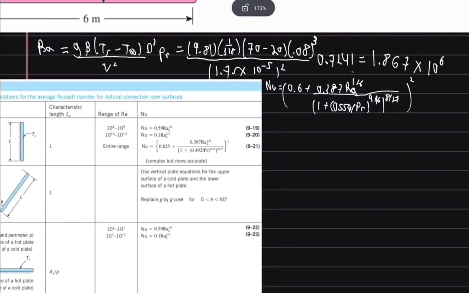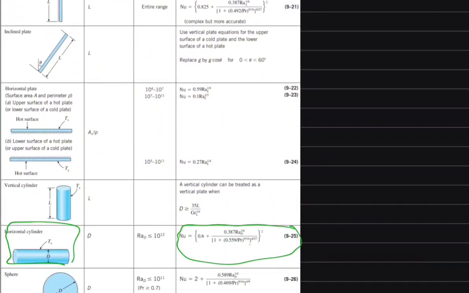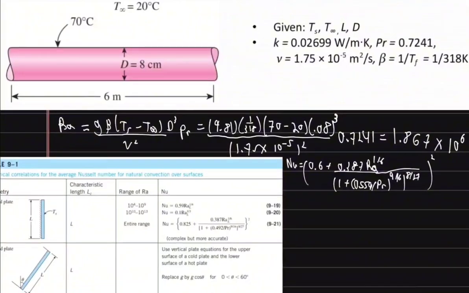So we substitute this Rayleigh number that we just calculated and the Prandtl number that we were given into this equation. So the Prandtl number of 0.7241 and 1.867 times 10 to the 6th.